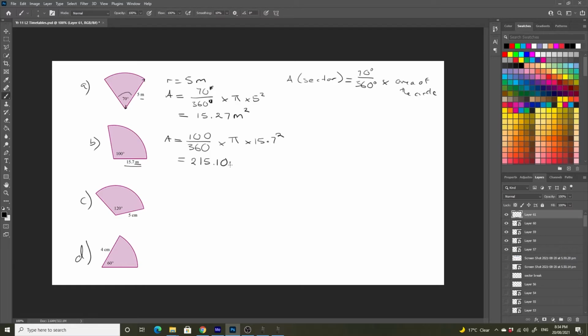Units are meters, so it becomes meters squared.